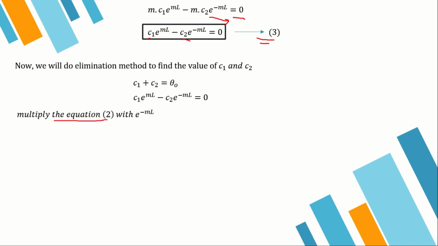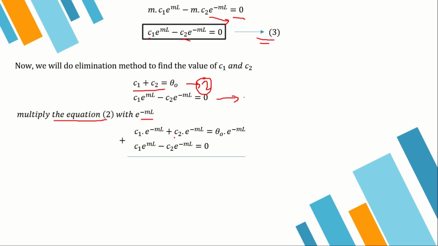We would be multiplying equation 2 with e^(-mL). We can see that c1 e^(-mL) plus c2 e^(-mL) is equal to θ0 e^(-mL), and equation 3 remains as it is: c1 e^(mL) minus c2 e^(-mL). Now we will add both equations.